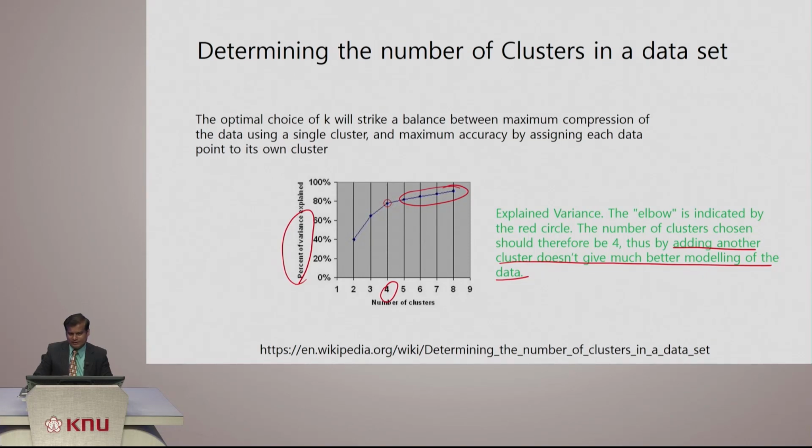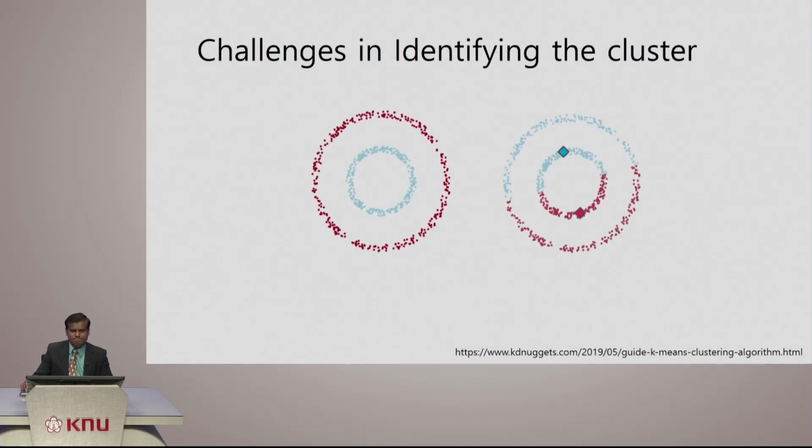Okay, then there is the question of shape and spread. That's a very interesting question, because sometimes our data points are spread in a completely different way, so it's very hard for us to get the actual idea. That's where the challenge comes in, the challenge of identifying the cluster.